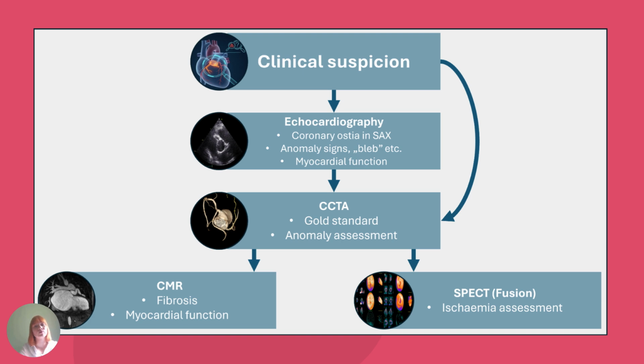Also, if there is any kind of lack of information, the patient should be referred to perform magnetic resonance to depict fibrosis or myocardial dysfunction, and to nuclear imaging methods to assess ischemia.